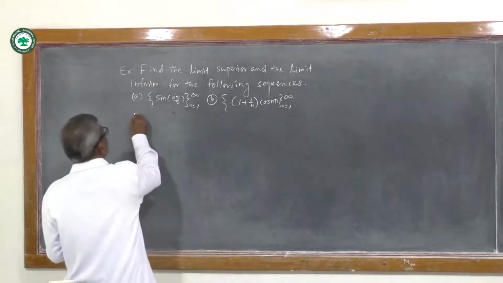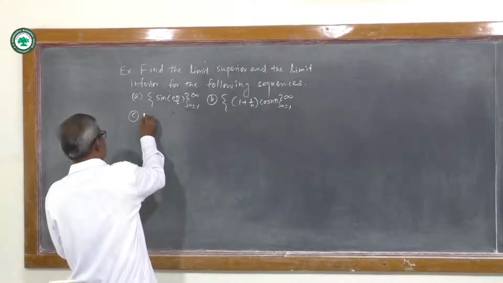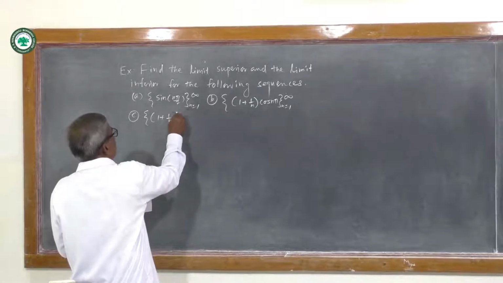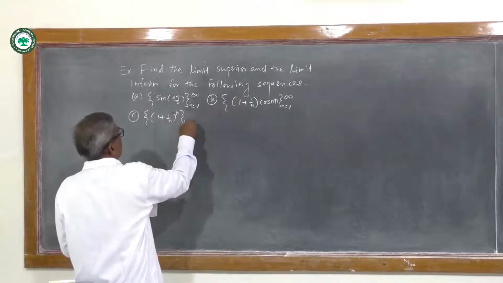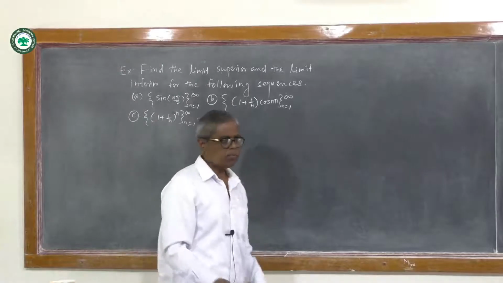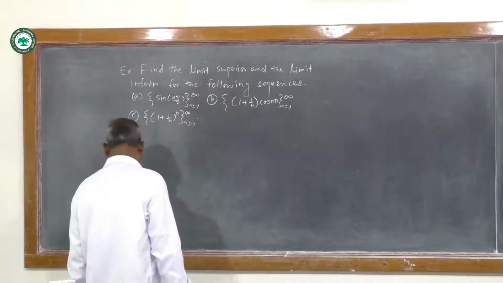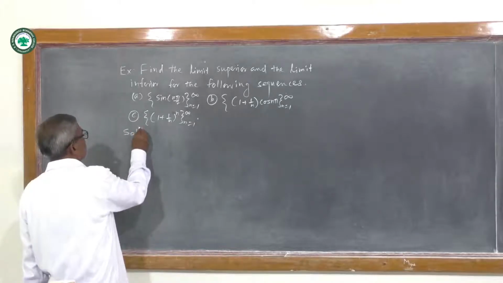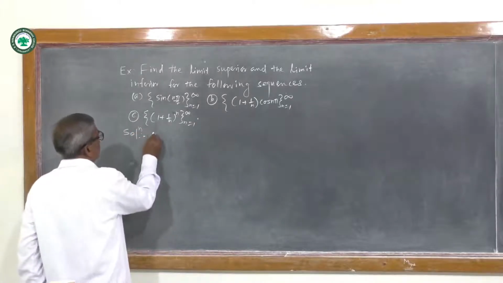C, the sequence 1 plus 1 by n raised to n, n is equal to 1 to infinity. Solution of A.